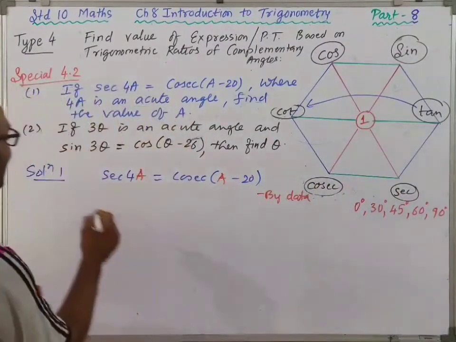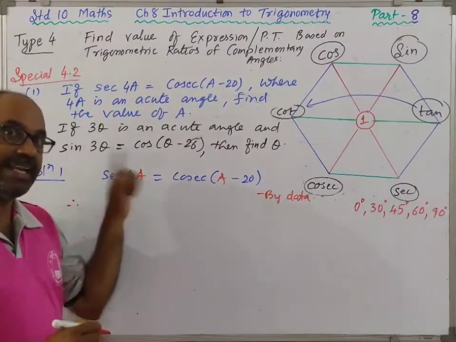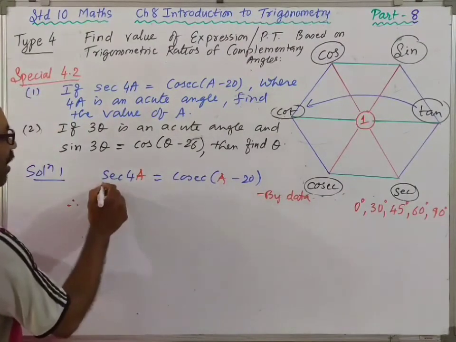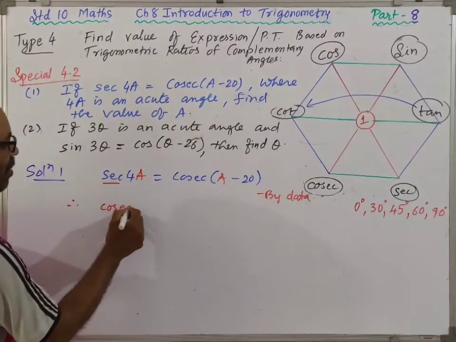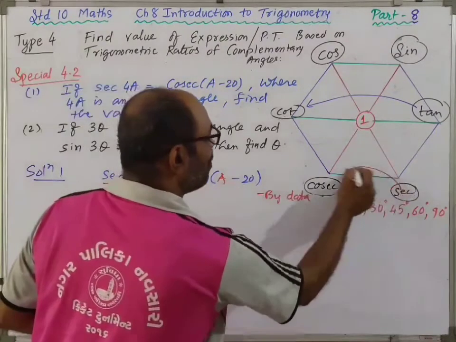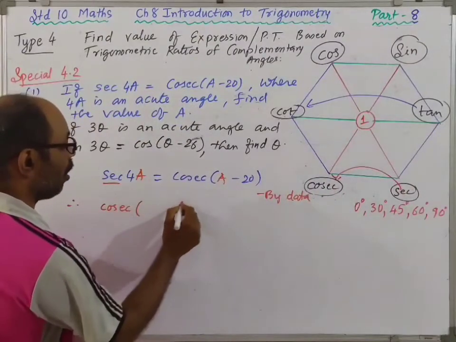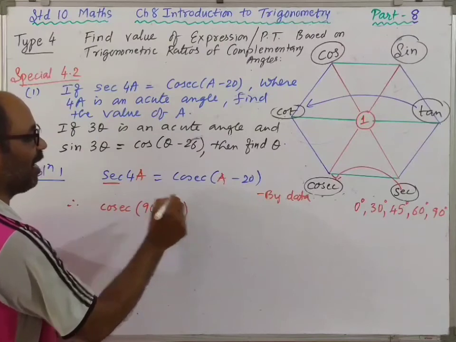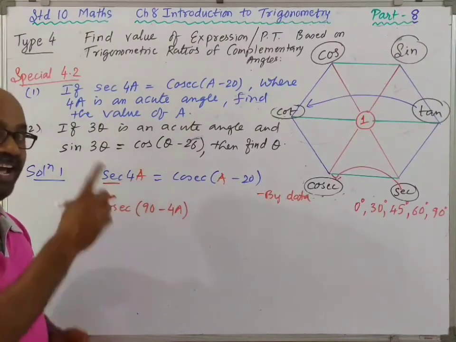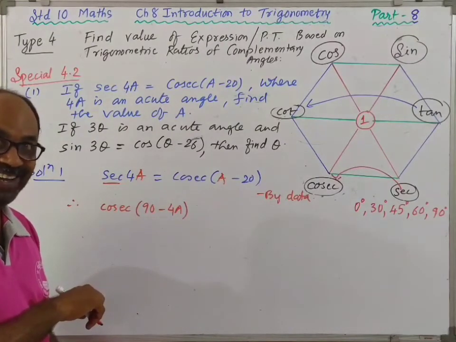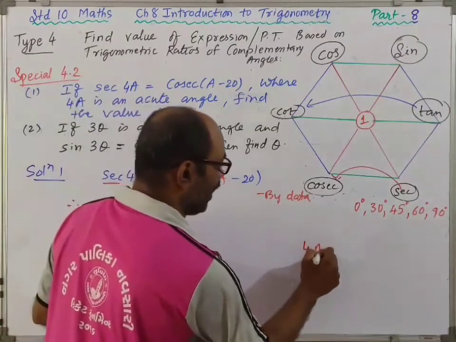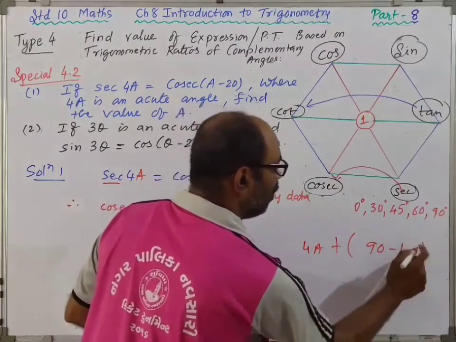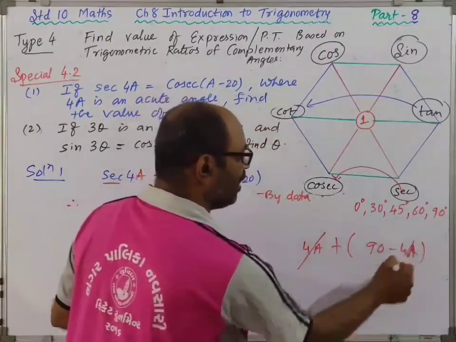So you may write, therefore, either convert sec into cosec or cosec into sec. Look at this. I'll convert this. What is the complementary of sec? Complementary of sec is cosec, and the complementary of 4a is 90 minus 4a. Look, 4a plus 90 minus 4a, plus minus cancels.